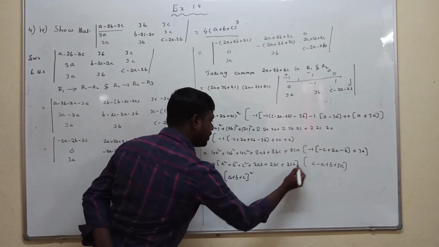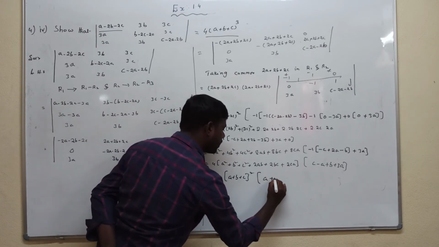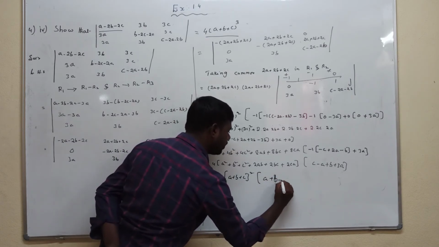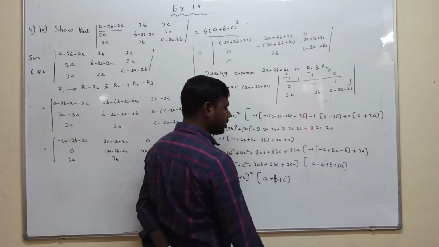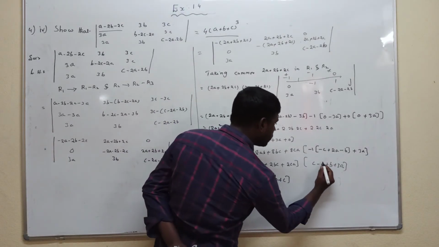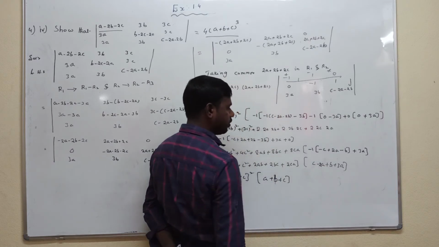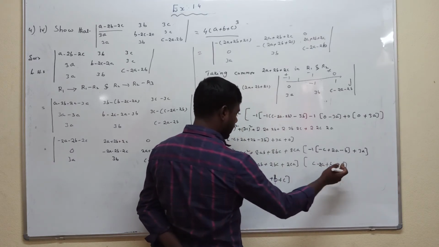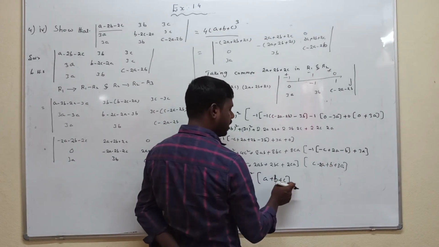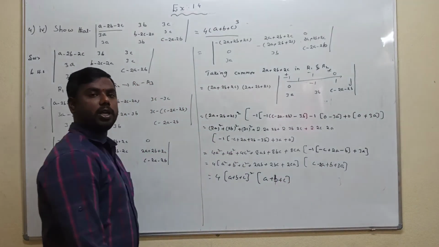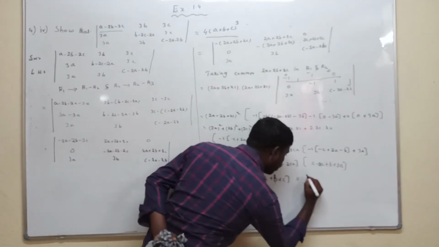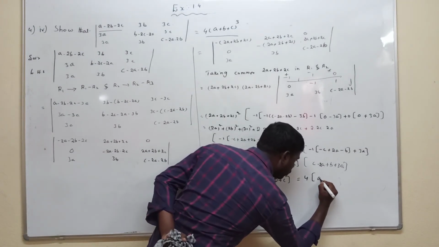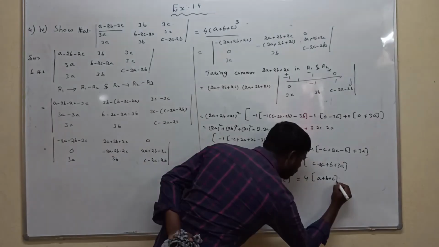This one is a plus b plus c because of minus 2a plus 3a, that is plus a, plus b plus c. Now a plus b plus c whole square into a plus b plus c is nothing but a plus b plus c whole cube. So 4 into a plus b plus c whole cube.